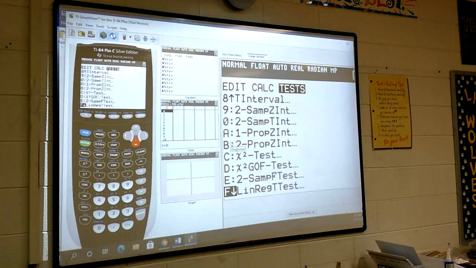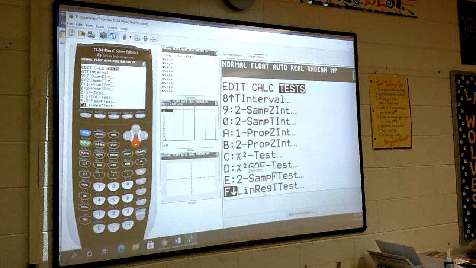Now, when we get to the next unit, it talks about what's called chi-squared, and that is the one that looks like an x squared, but it's not an x, it's chi-squared. There's 2 tests to learn for it, and then in the very last unit, we skip over this one. This one we do not do in this class, but in the very last unit, there's a linear regression test.